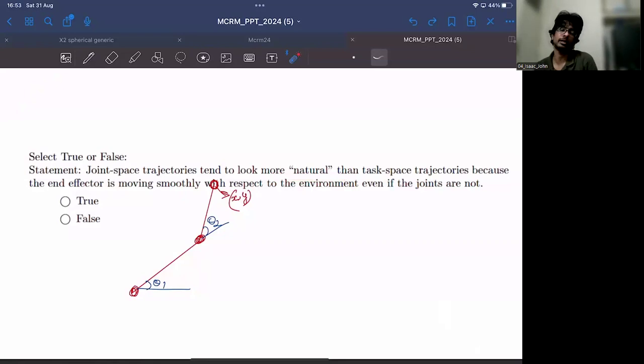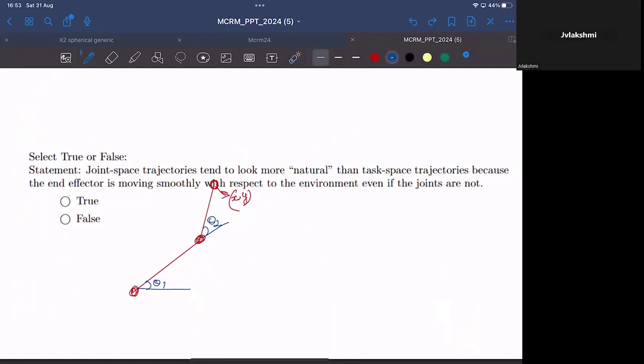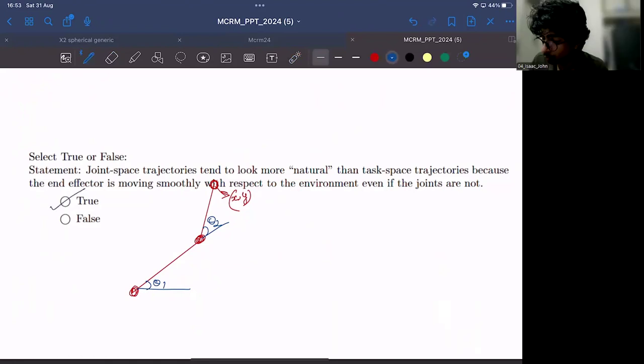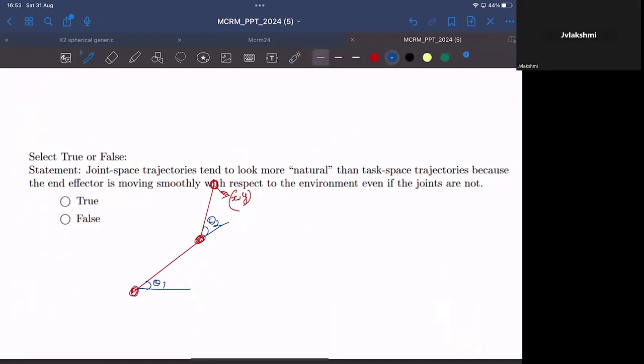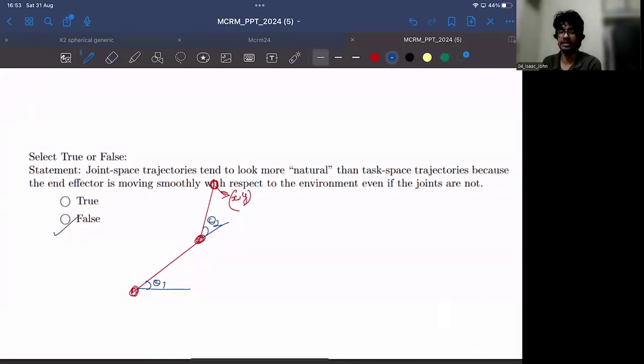Whether it is planning in task space or planning in joint space? So in this regard, there's no answer. I'll say true. Sorry, it should be false actually. Planning in task space is actually more natural because we get to see how the path would look like. If you want to plan a straight line, you can see how it would look.